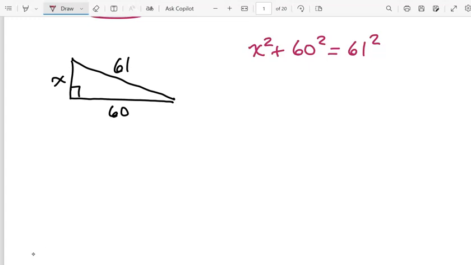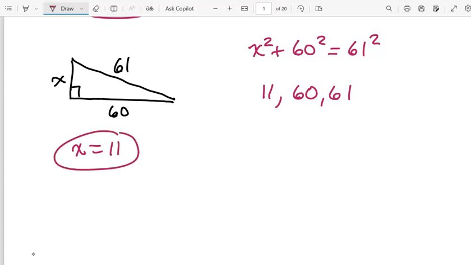And our Pythagorean triple, if you remember, if the two longer sides are 1 apart, then they add up to 121, which is 11 squared. So 11 must be the shortest side. So x must be 11. This is going to make it much easier than doing all the work for the Pythagorean theorem.